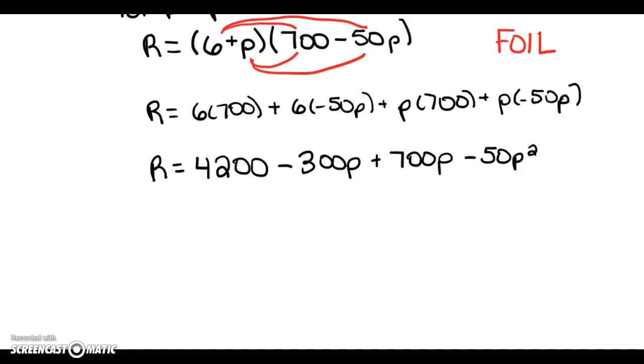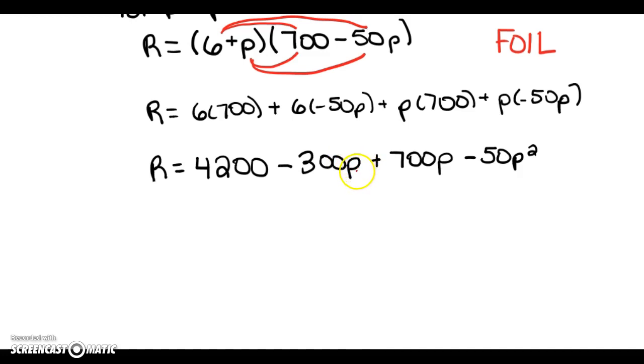Then what we have to do is regroup or collect some like terms just to clean up this equation. So we have 4,200. With this one, there's no other term in common because there's no other term that does not contain any variables. So we move on to the negative 300p.